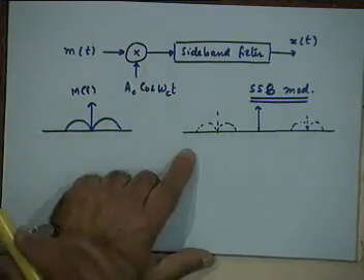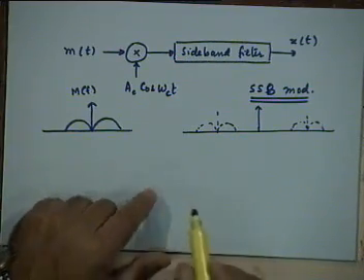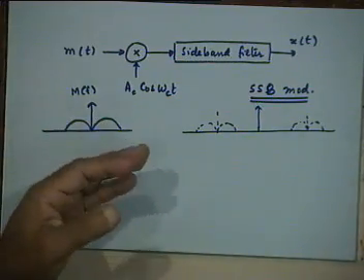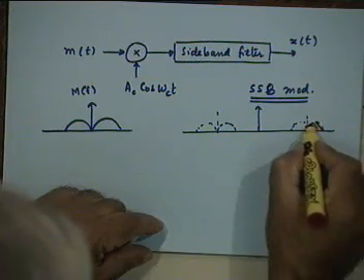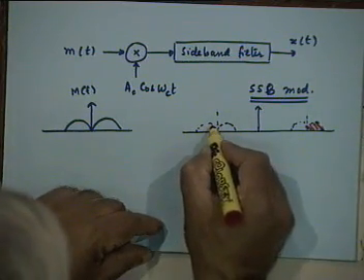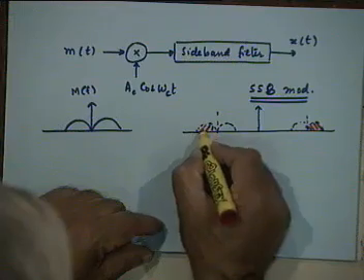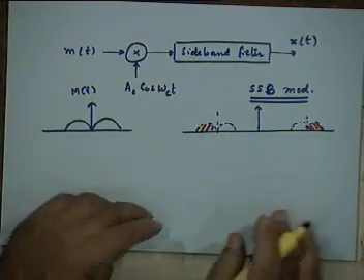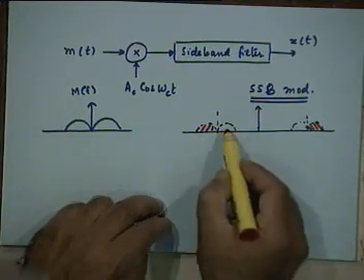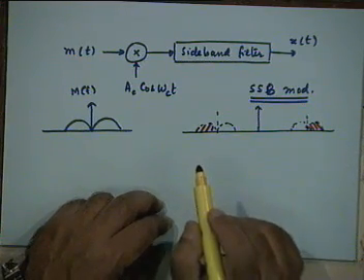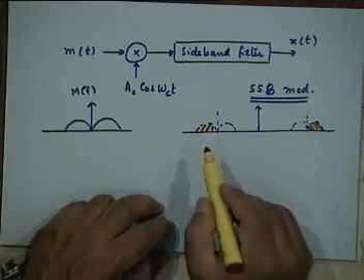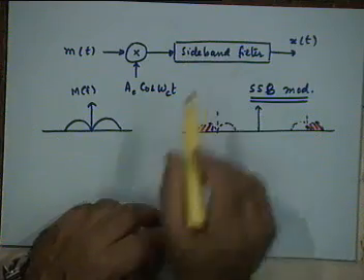Now after you put the sideband filter, what are you retaining? You are retaining either this part or you are retaining the other part, right? So if you want to retain this part, what kind of a sideband filter should you have?